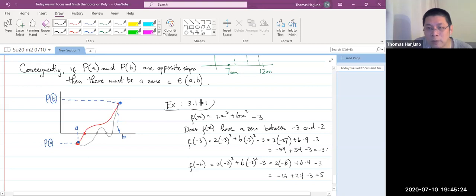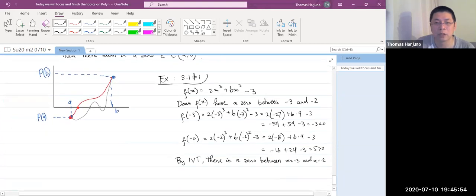So one of them is negative, one of them is positive, right? So by the intermediate value theorem, there is a zero, maybe more, between x equals -3 and x equals -2.